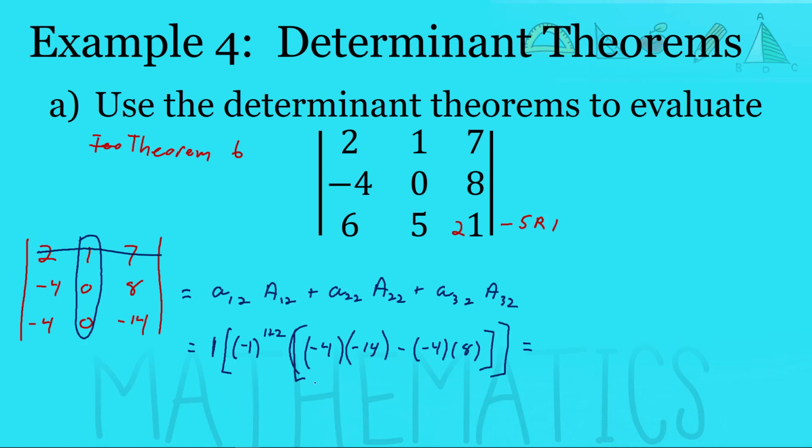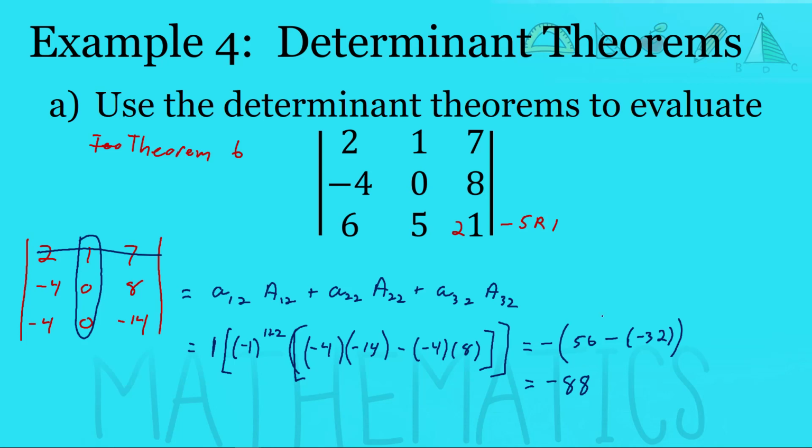Okay, well, we have a lot here. This is -1. 1 times -1, that's just minus. -4 times 14 is 56. Minus -4 times 8 is -32. Okay, 56 minus -32, that's 56 plus 32. All this becomes equal to -88.